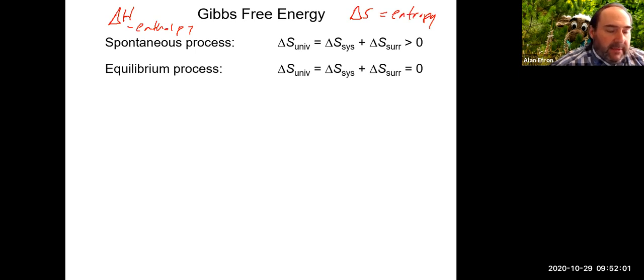Sometimes there might be several different values for the same substance, and the only difference is the state. One might be a solid, one might be a liquid, one might be a gas, or it might be aqueous. So you want to make sure that you find the correct value.